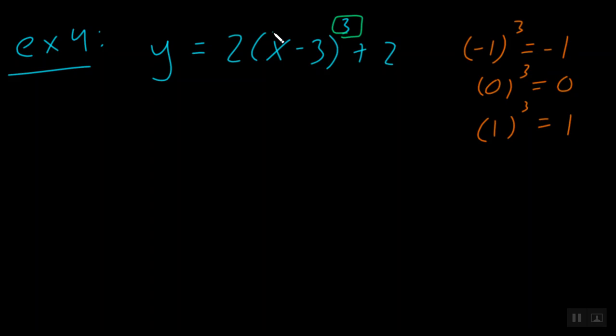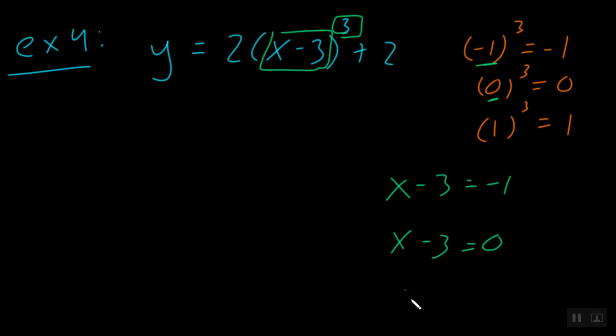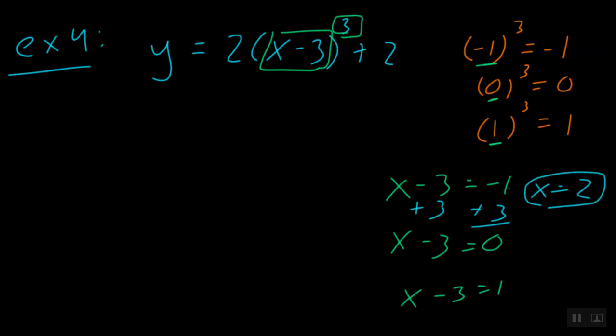So here's what we're saying here. We want to choose x values such that x minus 3 is equal to negative 1, x minus 3 is equal to 0, and x minus 3 is equal to 1. Okay, and guys, in every case here, this is very easy. I just add 3 to both sides, and x is equal to negative 1 plus 3, which is positive 2.